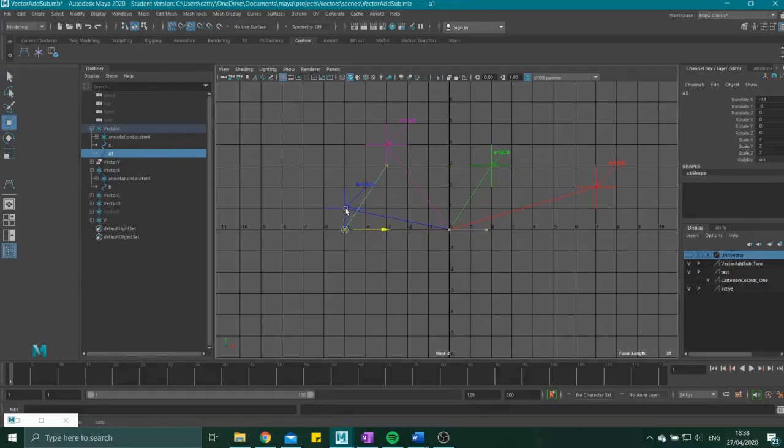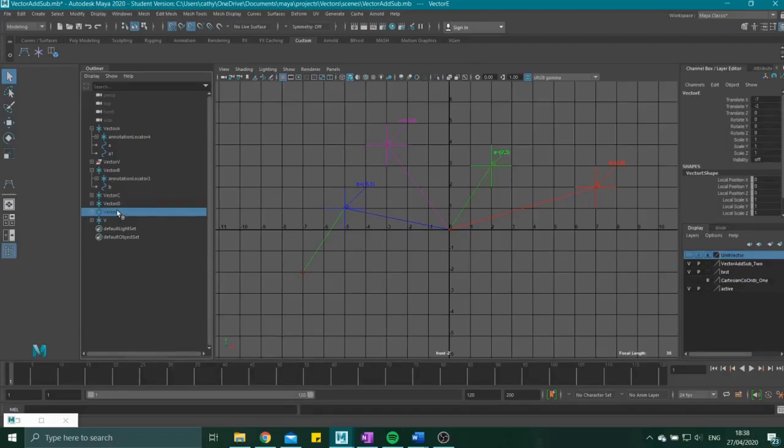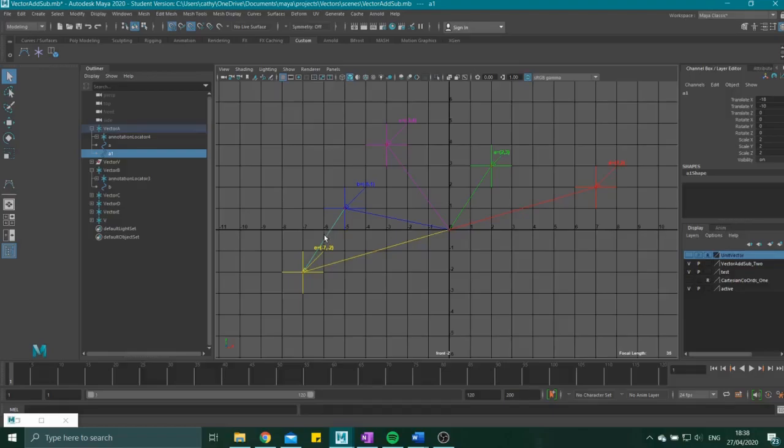If we were adding this, we'd be adding the tail of the vector to the head of b, and we know that that brings us up to c, but we're minusing a, so we're going to be going in the opposite direction than a, so I'm going to put the head of a here, and head down to the tail. And let's call this vector vector e. There we go. So once again, very clear that these are two different vectors and not commutative.